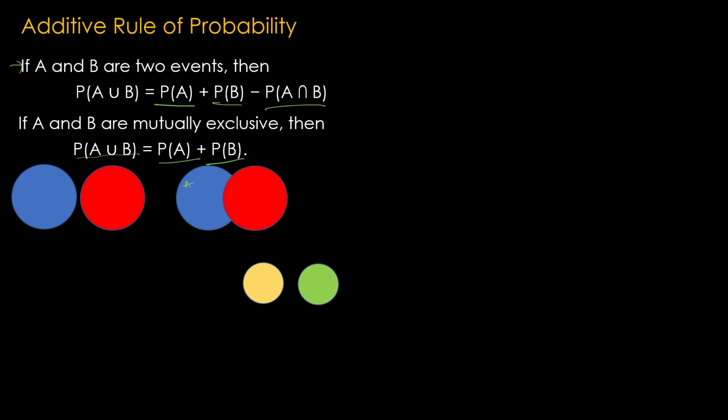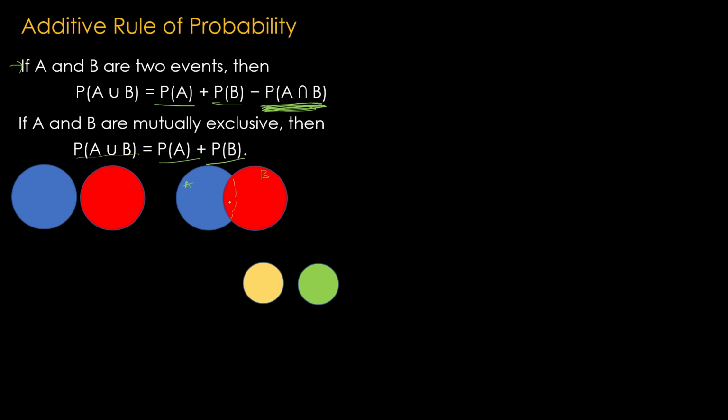So this is now our probability of B and this is now our probability of A. Take notice that in the first statement, right, we are to subtract an intersection between A and B because the probability of the union of A and B is the area of this one, the area of the blue and the area of the red. Okay? We are to subtract the intersection as well.